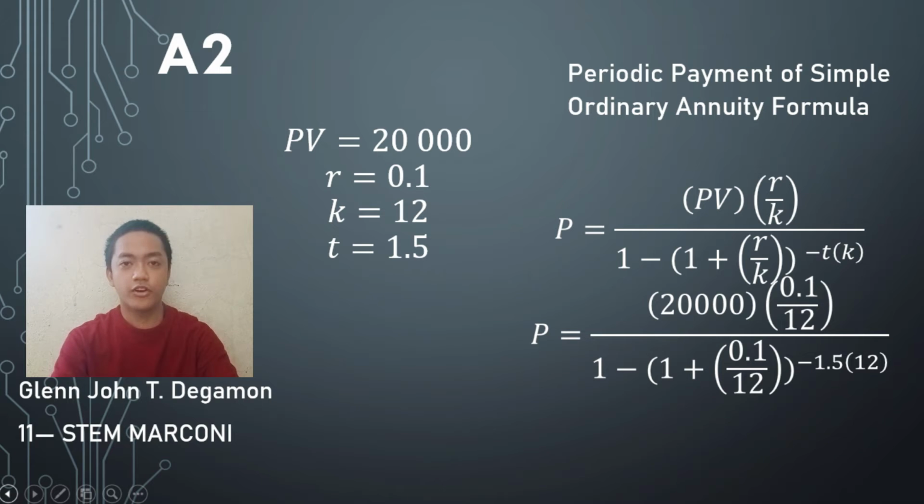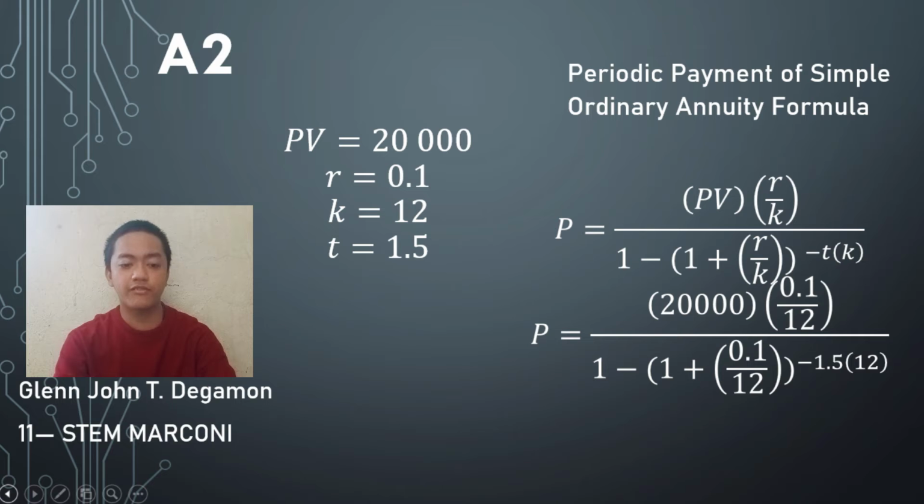Good day, Montealto. I'm Degamon from grade 11 Marconi, and today I'll be solving question number 2, letter A. For question number 2, we'll be solving using the formula of the periodic payment of the simple ordinary annuity. So P is equal to PV multiplied by the interest all over 1 minus 1 plus interest to the power of negative n, or negative T multiplied by K. For our values, PV is equal to 20,000, our rate is 0.1, for this is 10%, K is equal to 12, and our time is 1.5 years.